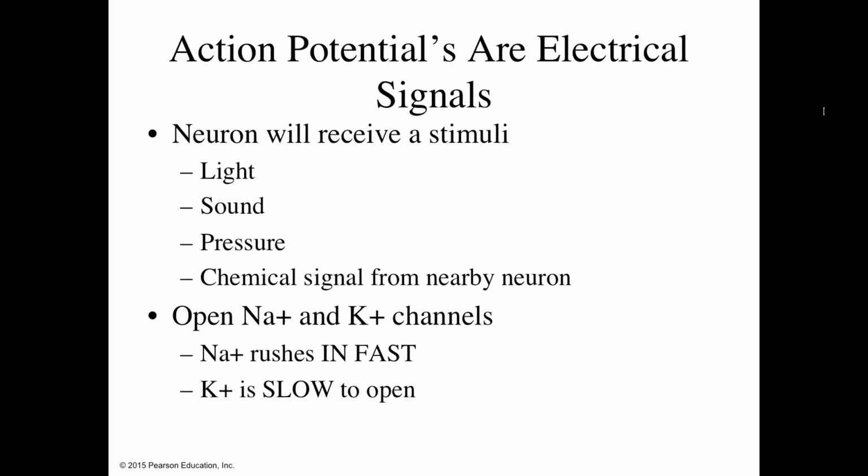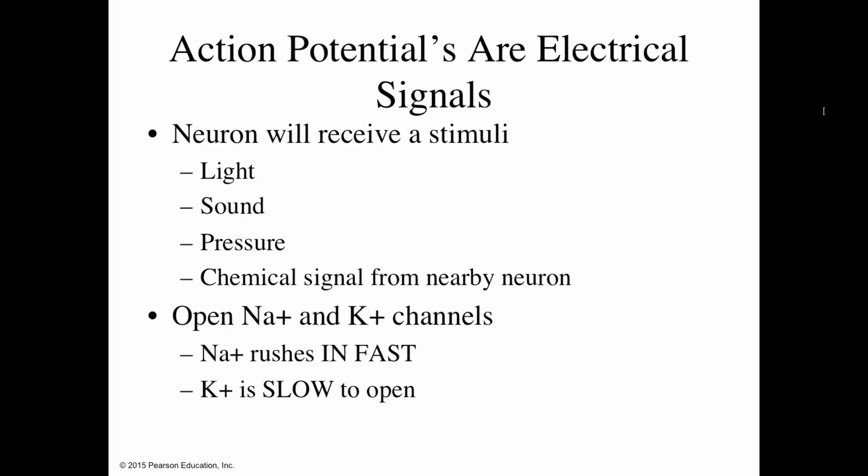What happens is similar to what happens in the muscles. We're going to open two kinds of channels. The signal is going to open sodium channels, and sodium is going to rush into our neuron fast. The first thing that happens after we have some sort of stimulus is sodium channels open, and sodium uses that as an opportunity to try and equalize that gradient.